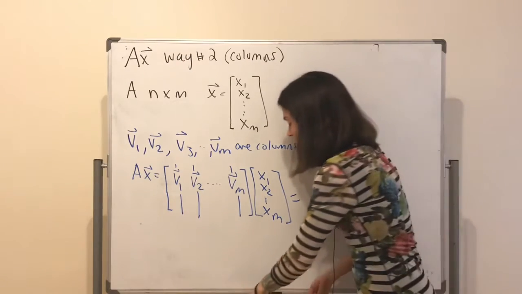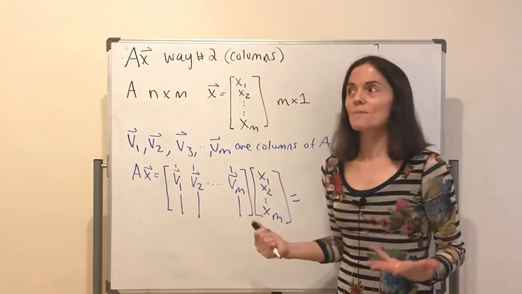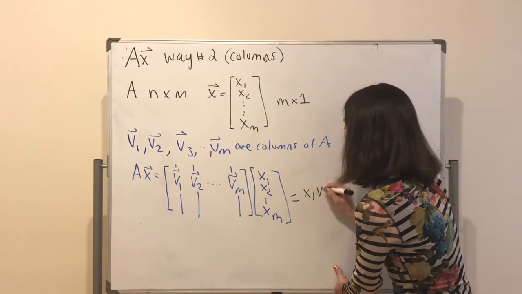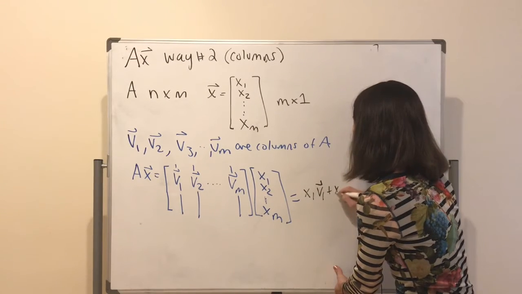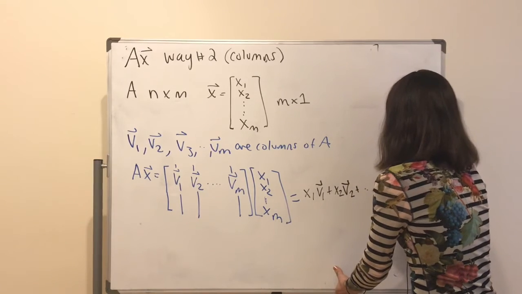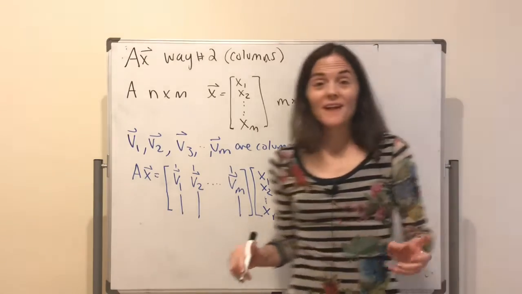Well, in this viewpoint, we don't take dot products. This is X1 V1 plus X2 V2 plus out to XM VM. So I'm just multiplying.